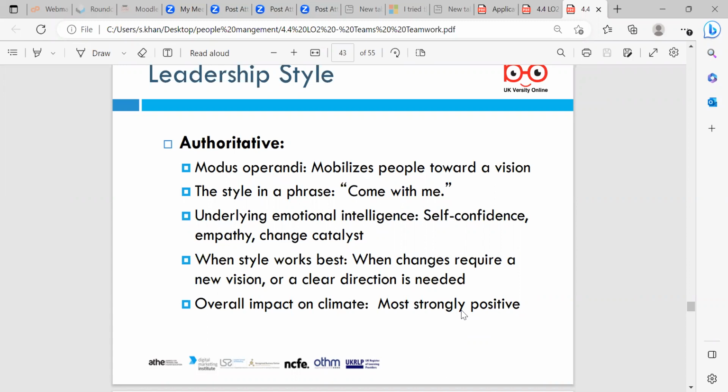When the style works best: when changes require a new vision or a clear direction is needed. The overall impact on climate is mostly strong positive.